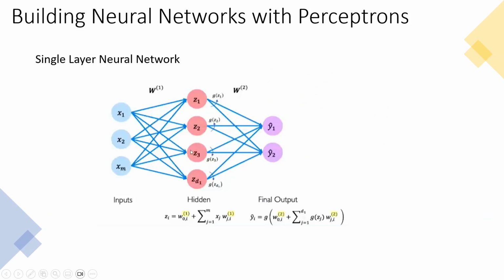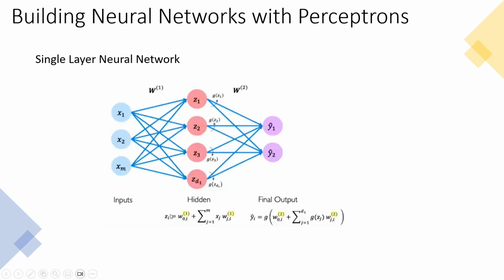How do we calculate something in this layer, for example? Let's say we have this many neurons in this layer, and the output of, for example, Z3 is this one.